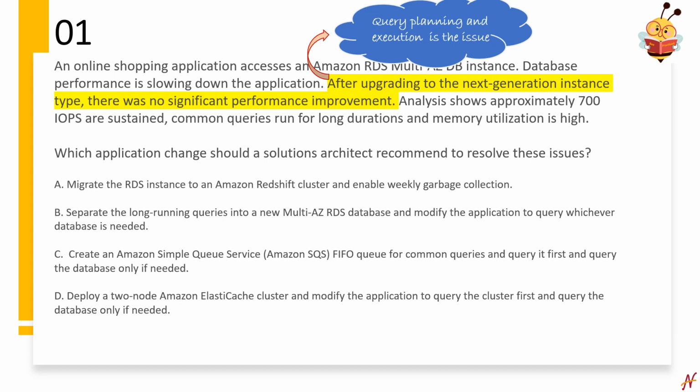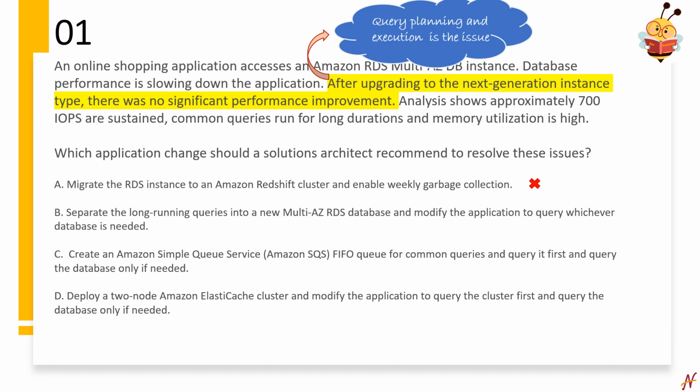If I talk about the first option, Redshift is a data warehouse for OLAP workloads. But in this scenario, we are talking about OLTP workloads. So definitely, this option won't be the correct one. Second option, there is actually no way to synchronize two different databases. As you can see, there are two different databases, right?